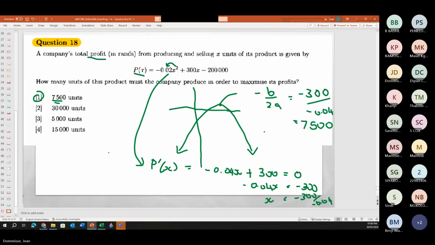And again, remember, you guys are writing multiple choice. You just need to get to the correct answer. There's no other piece of paper that you hand in, no rough work or how you worked it out. So if you use minus b over 2a, as long as you get to the right answer.